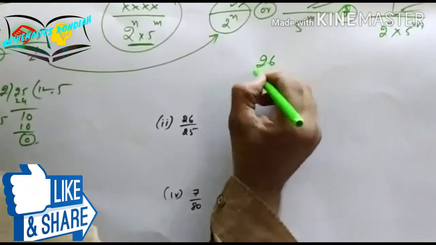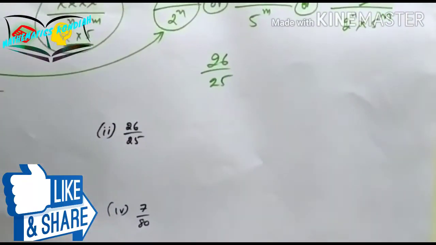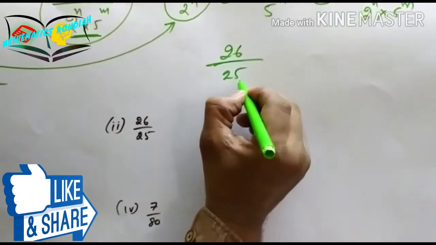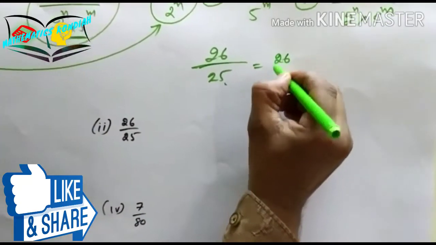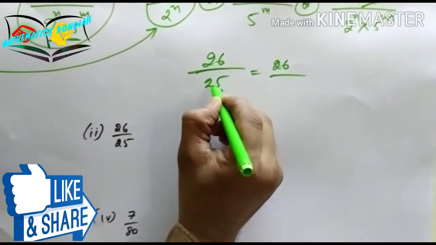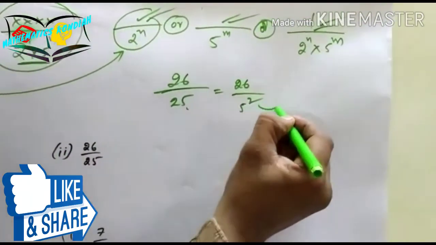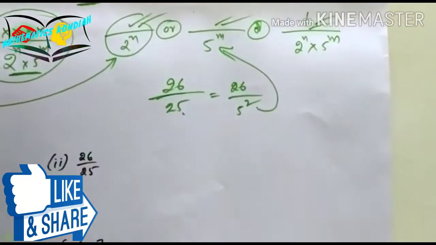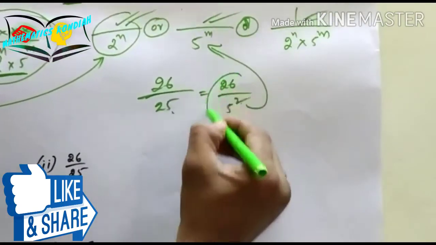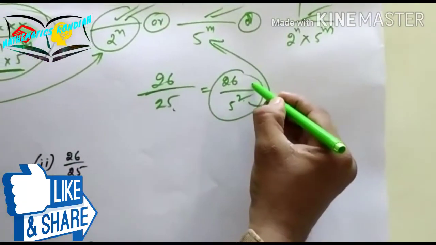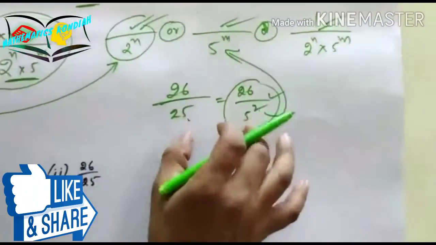Now 26 by 25. Here, only observe the denominator portion. What is the denominator portion? 25 is 5 squared, so it is of the form 5 power m, and the rational number is terminating.